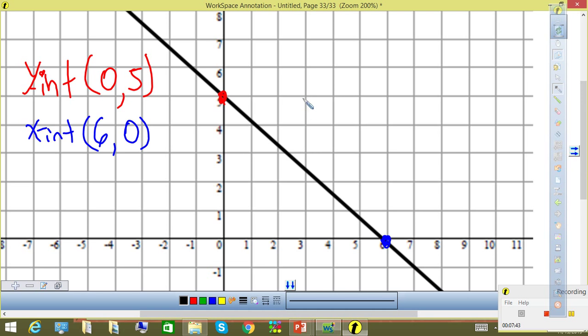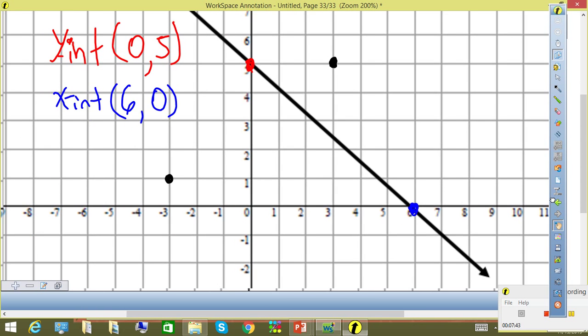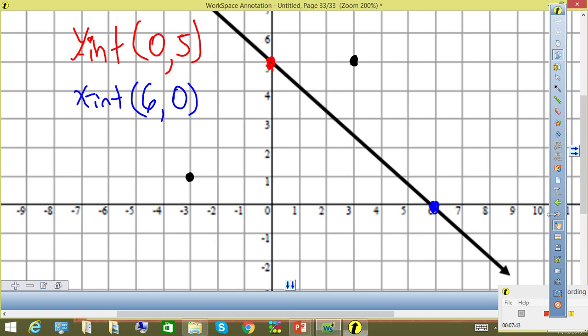All right, on that same graph, I want you to plot these next 2 points. 3, 5 and 1, -3. Draw a line through those 2 points and find me the y-intercept and the x-intercept of that line. Sorry, -3, 1 and 3, 5.